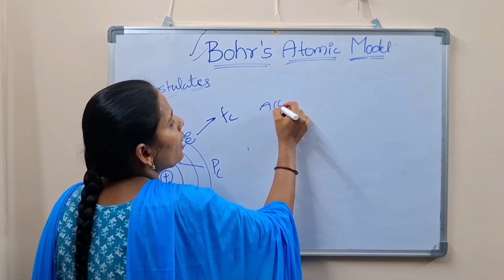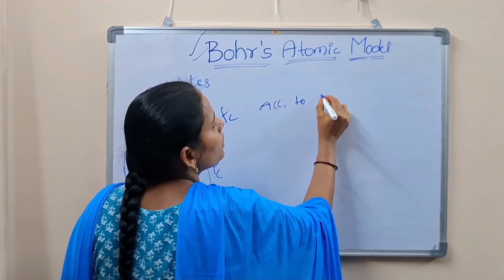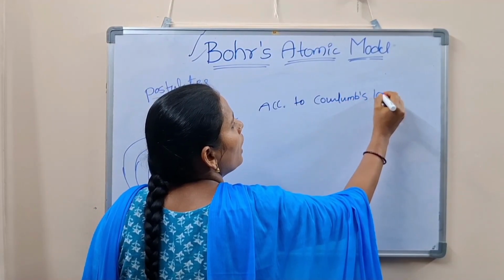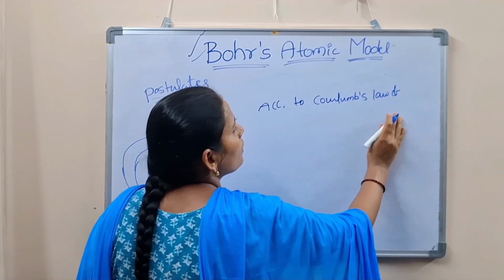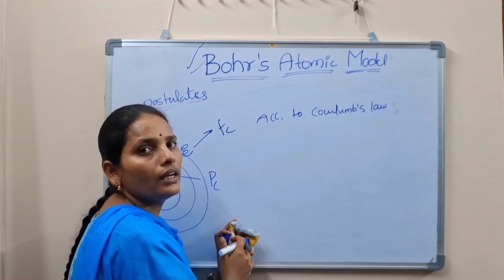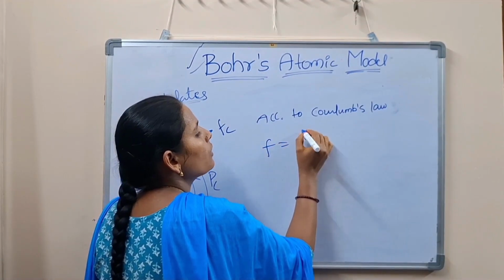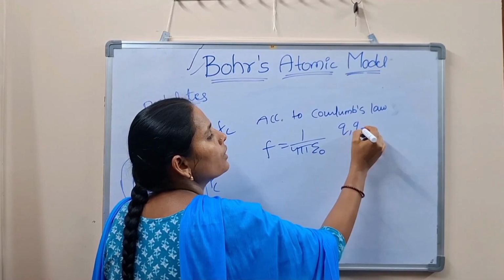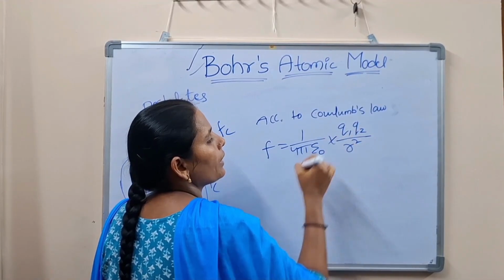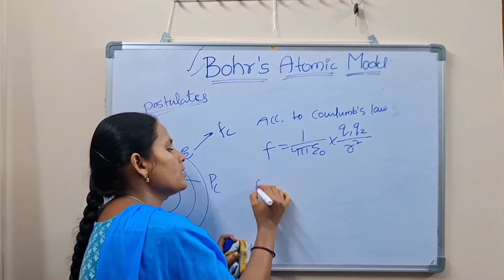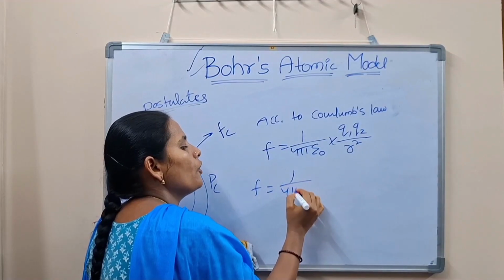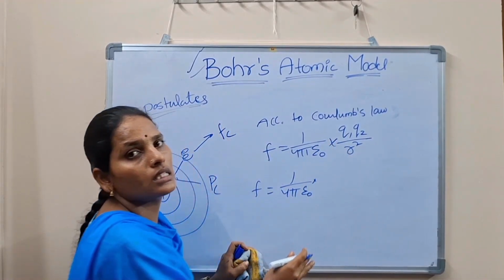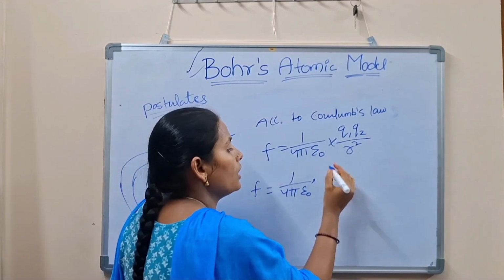According to Coulomb's law of force, F equal to 1 by 4 pi epsilon naught Q1 Q2 by R square. From this we are getting 1 by 4 pi epsilon naught into Q1 is the charge of the nucleus and Q2 is the charge of the electron.